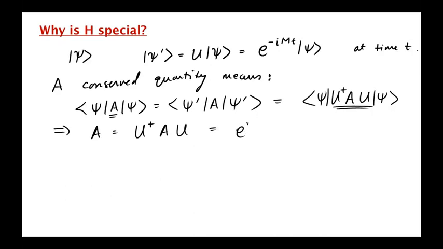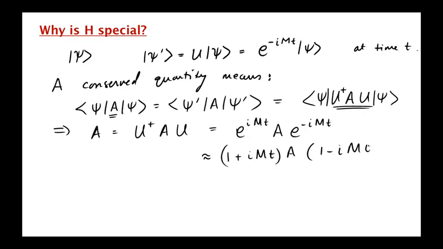to the iMt A e to the minus iMt, which if you expand out with a Taylor expansion, to first order is equal to (1 plus iMt) times A times (1 minus iMt).